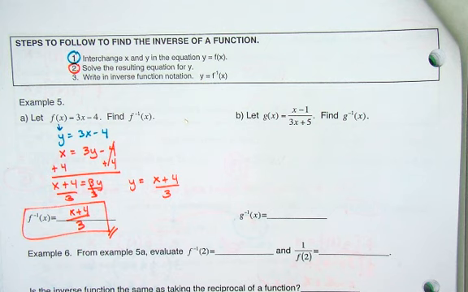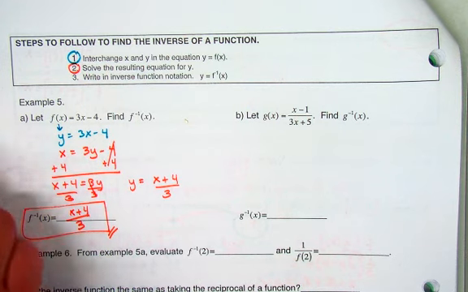All right, you get to try the harder one. So rewrite it as y equals, switch x and y, and then solve for y.